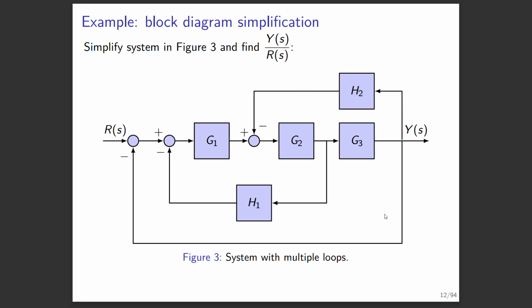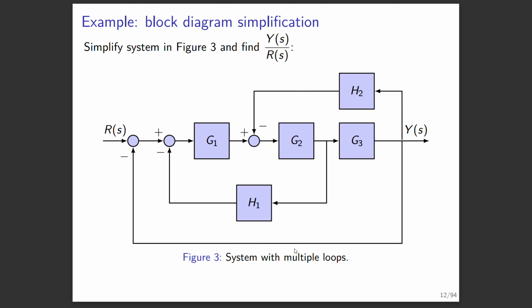For example, you might say, how about moving G2 here so I can combine it with G1? Or you might say, wait a second, if I move this pickoff point here, then I can simply combine G2 and G3, and then G2 and G3 are in feedback with H2, and then this pickoff point being here means that H1 with this 1 here can be added.